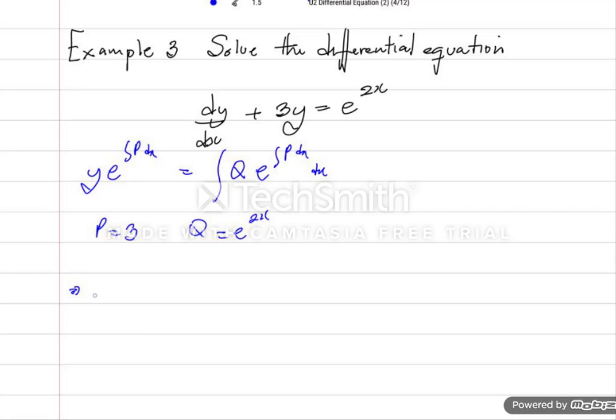So therefore my solution is going to be y times e to the integral of 3 dx, and that is equal to the integral of q, which is e to the 2x, times e to the integral of 3 dx.